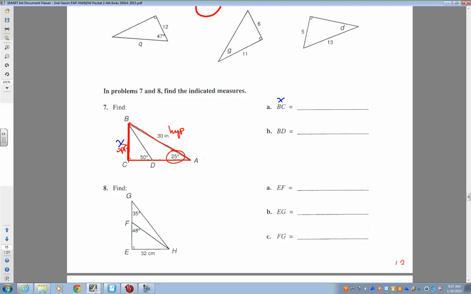And I'm using the trig function that deals with opposite and hypotenuse. Which would that be? Opposite and hypotenuse. So you write sine of 25, the angle, equals opposite, which is x, over hypotenuse, which is 30. X is on top, so for calculator ready, x equals 30 times the sine of 25.